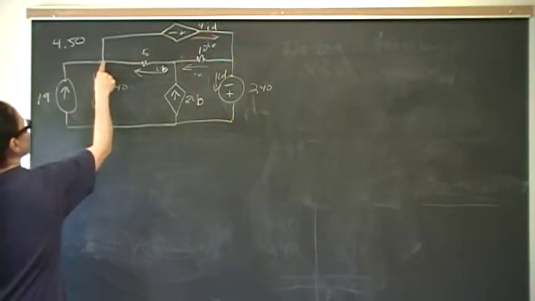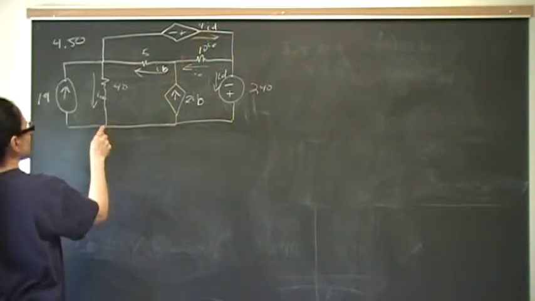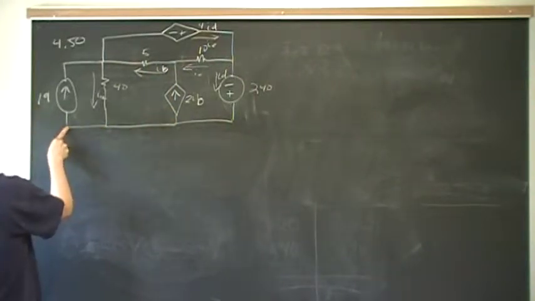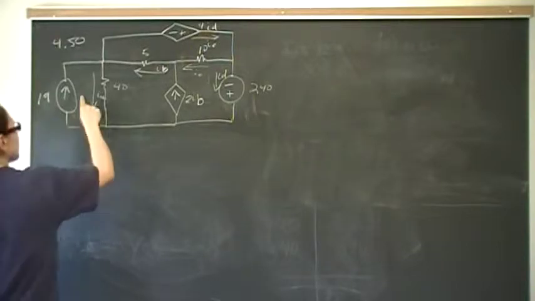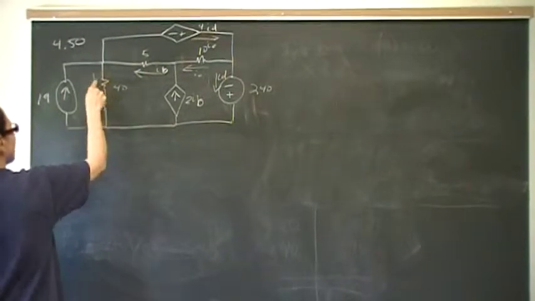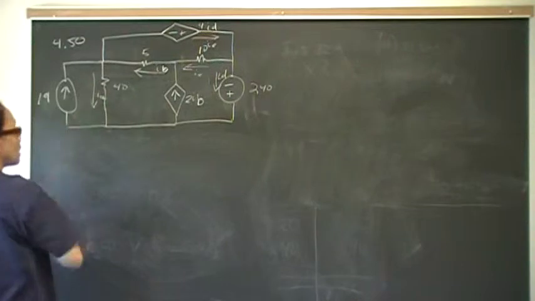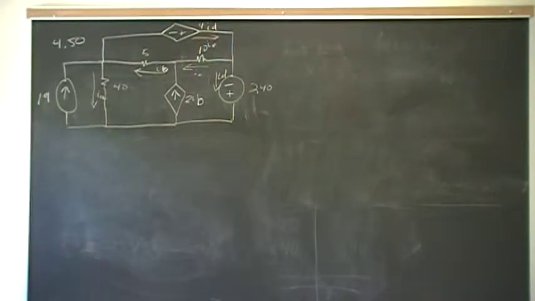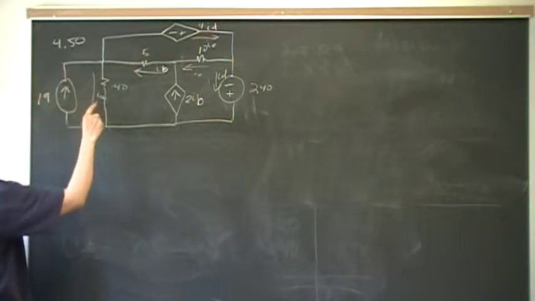1, 2, 3, 4, 5, 6, 7. That also makes a mesh. But it's not an essential mesh because inside that closed loop is a circuit element. Okay? So the mesh current method uses KVL, Kirchhoff's voltage law, and it says the sum of the voltage drops around a closed mesh is 0, but that only applies in 2 cases.